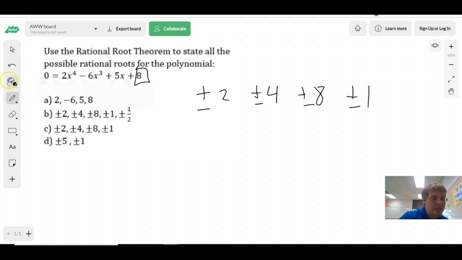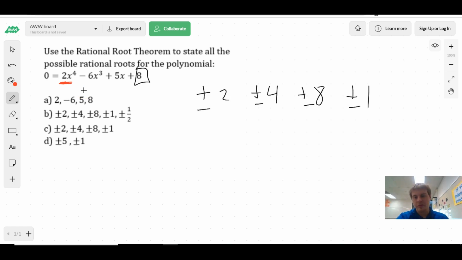However, because we have a number in front of the first term, it does affect your division, because that first number has an effect on all the other ones when it carries down for some of your synthetics and different things. So you also get any number of these divided by 2.